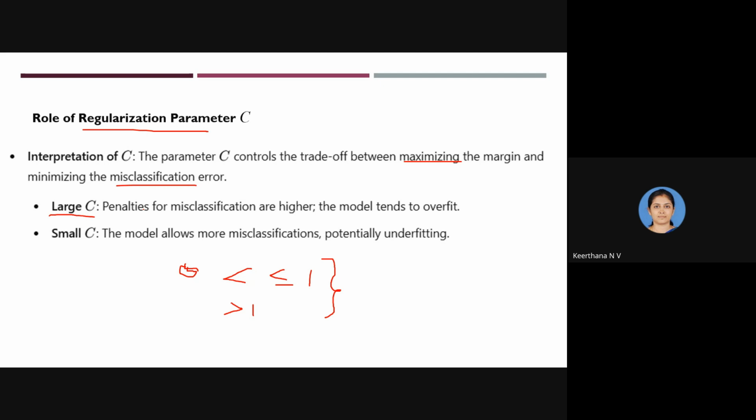Then it will create a narrow margin but reduce the training error. When there is a lower C, that is a small C, it allows a wider margin and tolerates more misclassifications. This will provide better generalization.